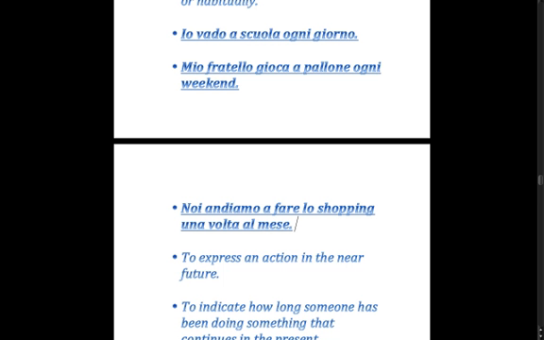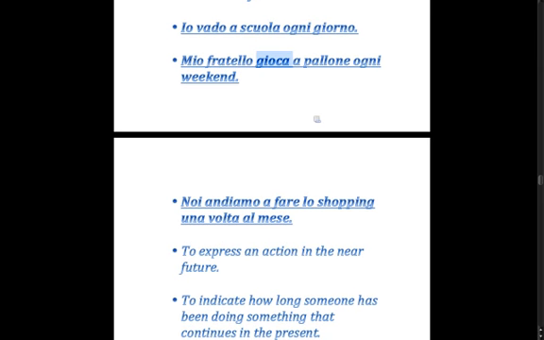Again, we've got andare used here, an irregular verb, and it's also used in this example, andiamo. And we've got giocare used here, which is a regular verb. It just has an irregular spelling, and I'll go through that later on in this lesson.